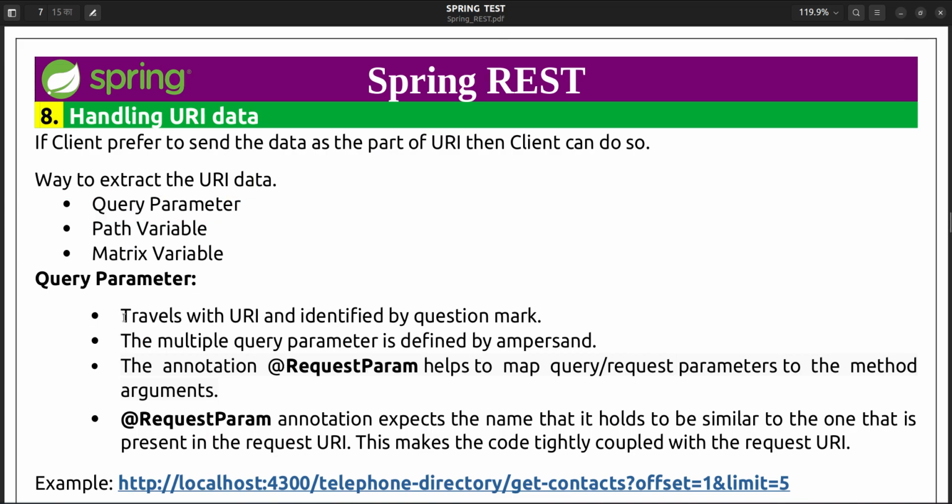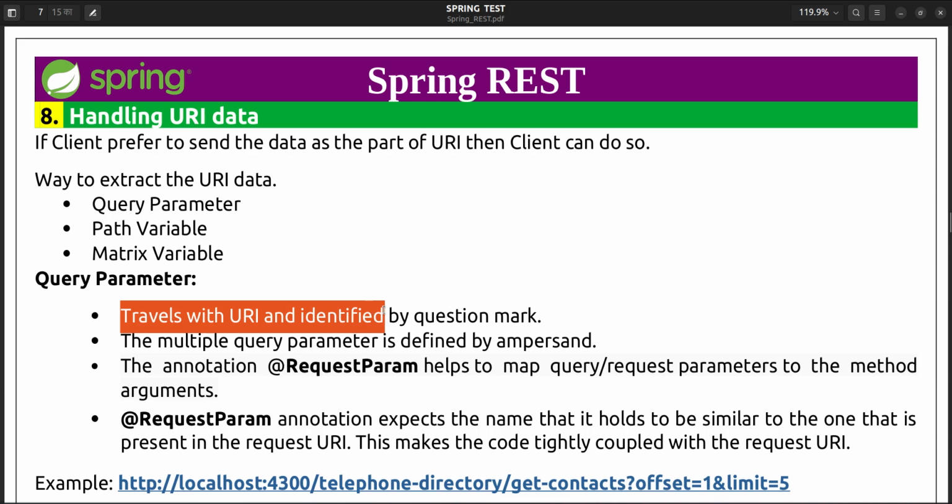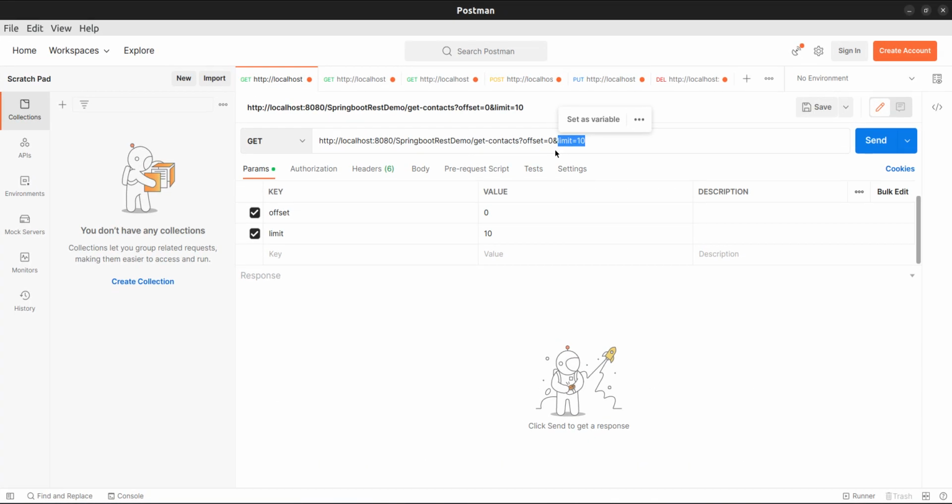Query parameter travels with the URI and is identified by a question mark. After get contacts, this is your URI. After this we are appending one question mark, and after it we are passing key value.